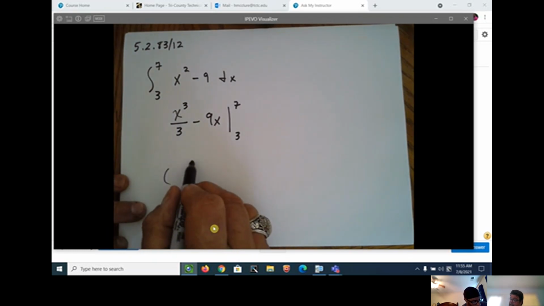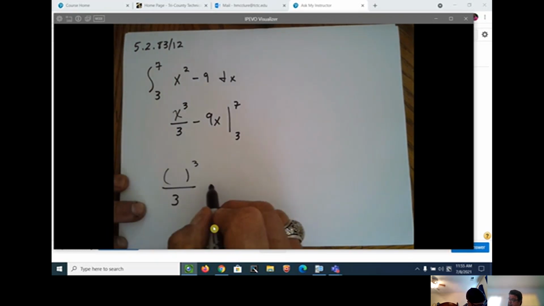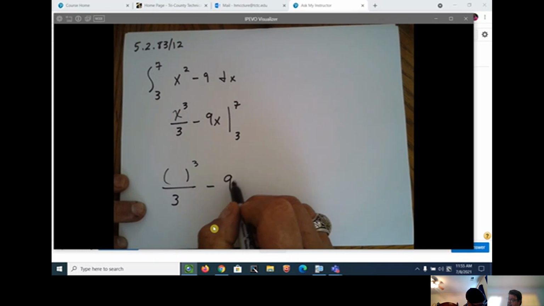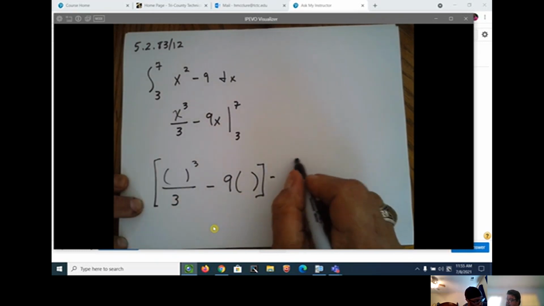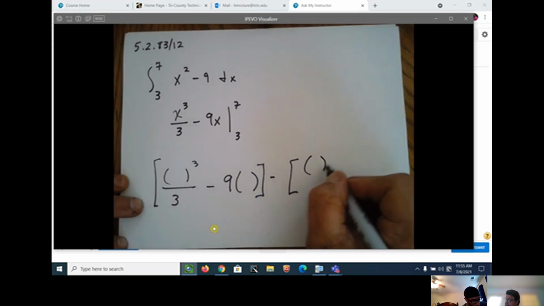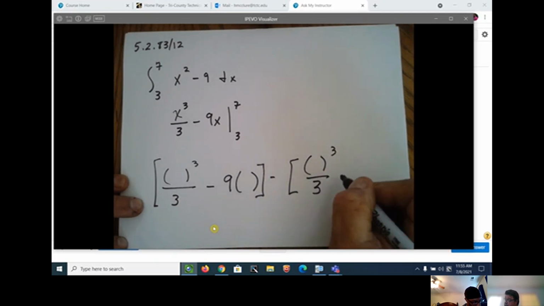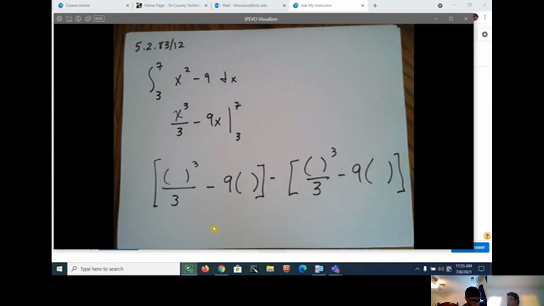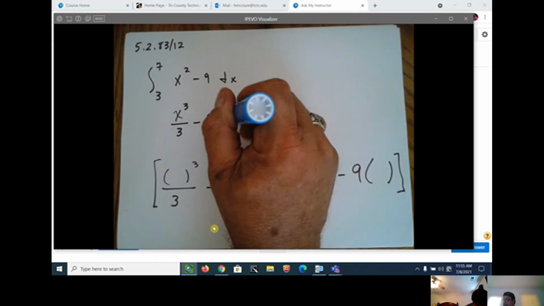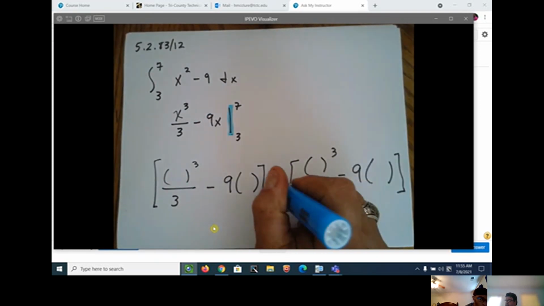So parentheses to the third power over 3 minus 9 times parentheses, minus parentheses cubed over 3 minus 9 times parentheses. And of course, we all know that this is the evaluation symbol.